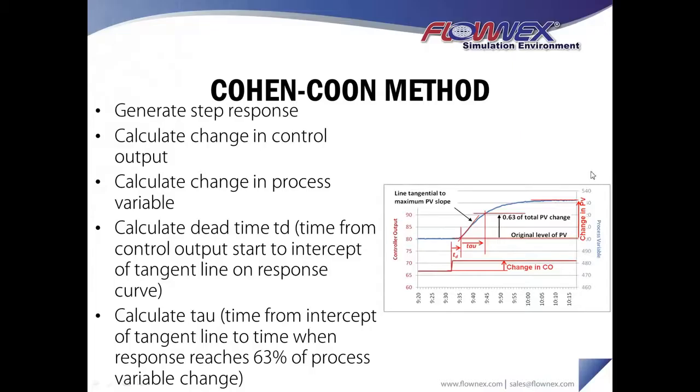Now on to our next example. A similar method that has wider applicability is the Cohen-Coon method. As you can see, it follows roughly the same pattern where you change the control output, determine a step response, determine your dead time, determine tau, and determine the time at which you reach 63% of your total process variable change.